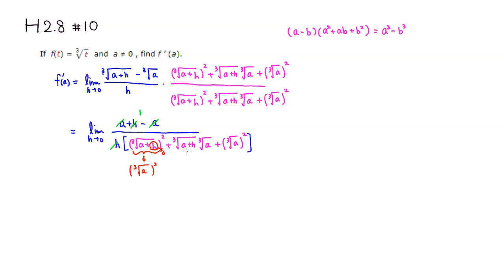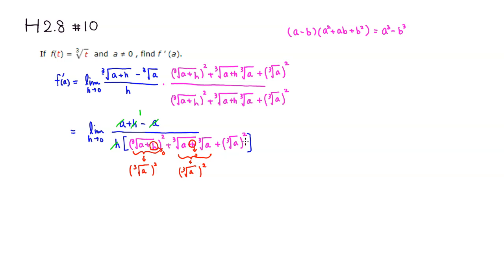And here, same thing, the cube root of a times the cube root of a, because this guy basically disappears. So this goes to the cube root of a squared.